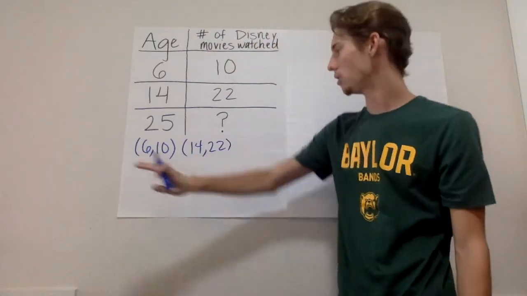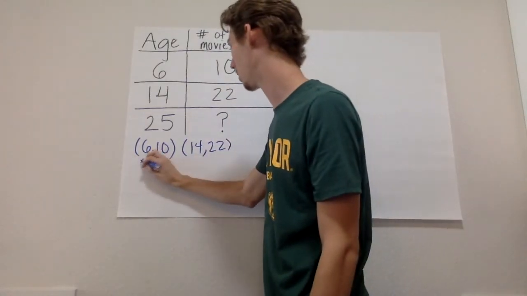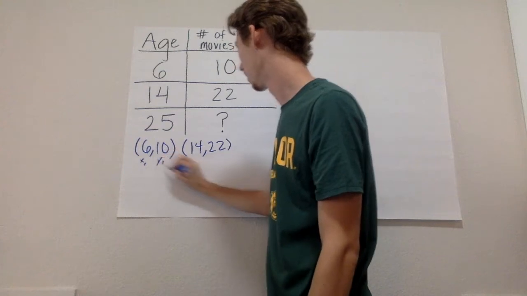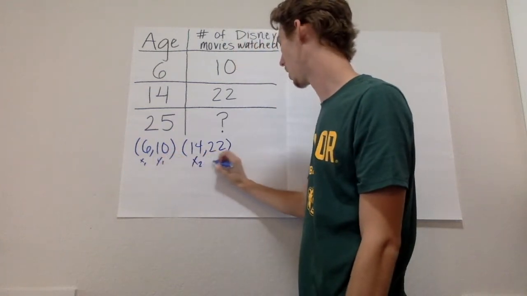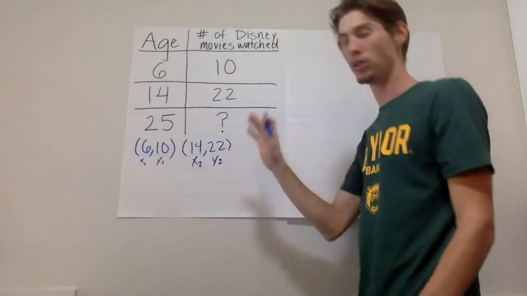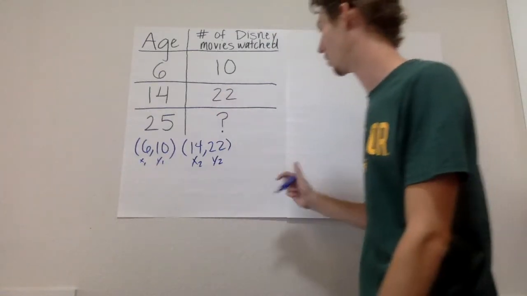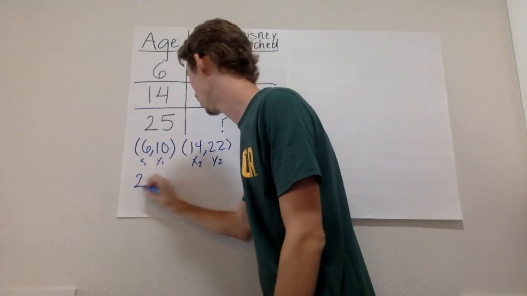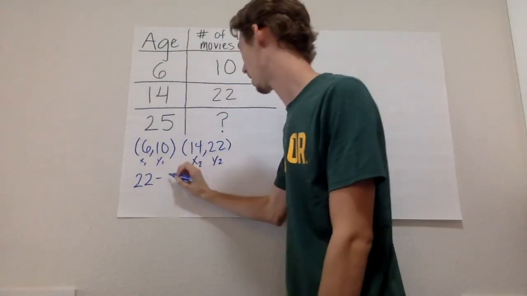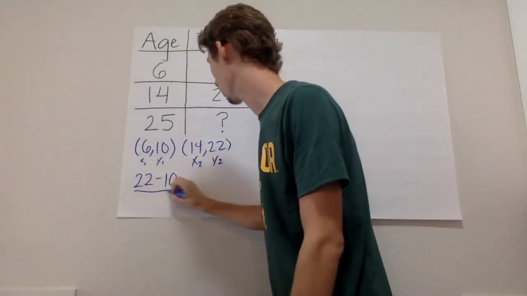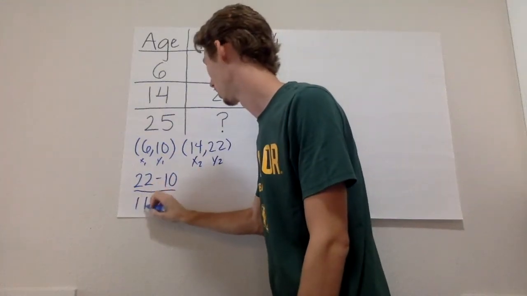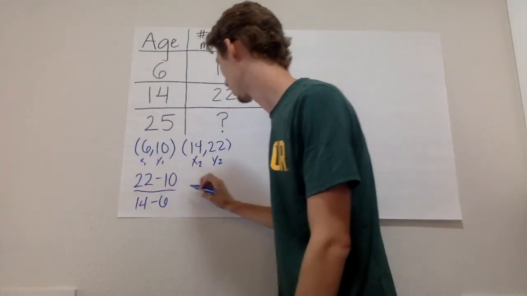Then you've got an x1, y1, and x2, y2, and you can do y2 minus y1 over x2 minus x1. So we've got 22 minus 10 over 14 minus 6.